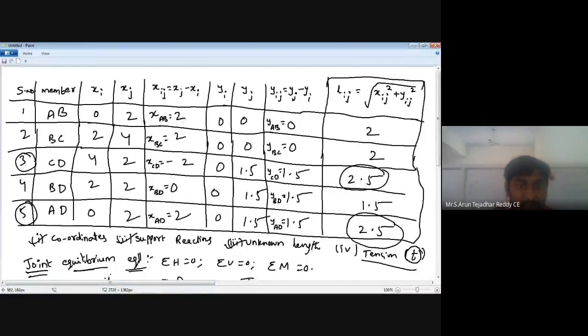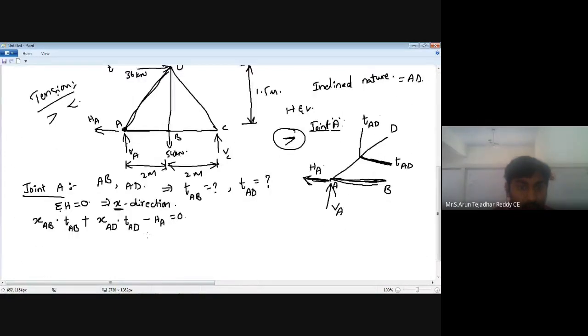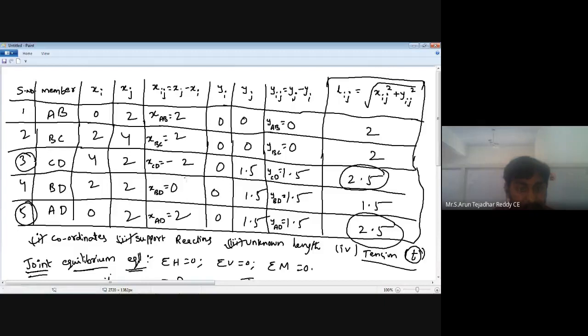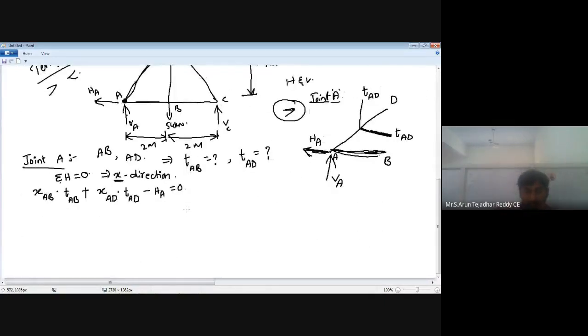Here XAB is 2, XAD also 2. Very simple. 2 into TAB plus XAD also 2 meter into TAD.